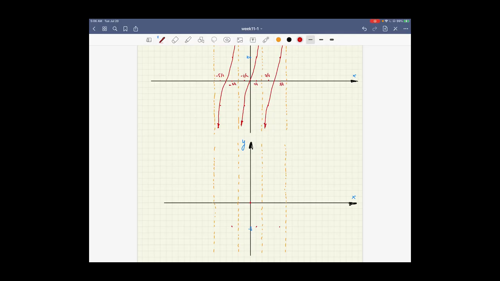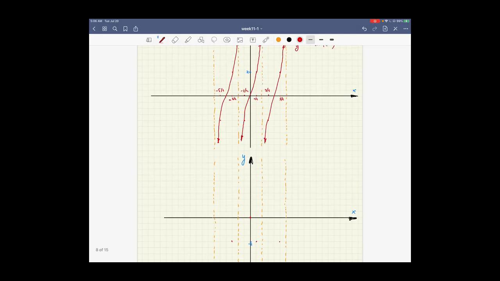Then 0, 1, and -1 are of course the points where we have zeros. Now the points -5/4, -1/4, and 3/4 are the points where the value is +2.